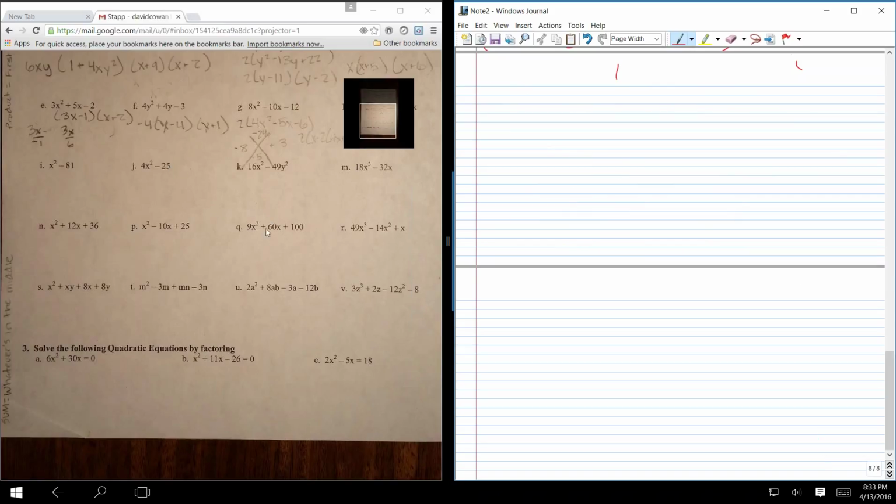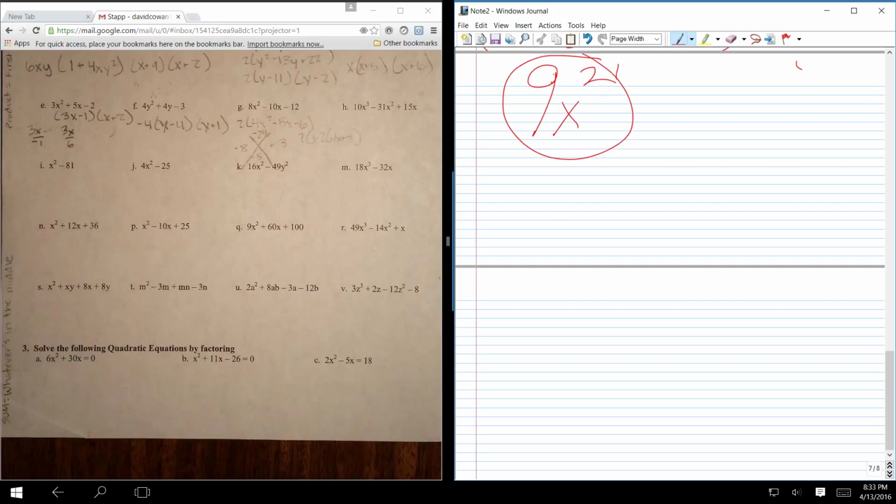All right. Now we're going to tackle a more difficult one. Why is it more difficult? Because the coefficient isn't a 1. There's a 9 in front of that, which means there are more possible ways to factor it.